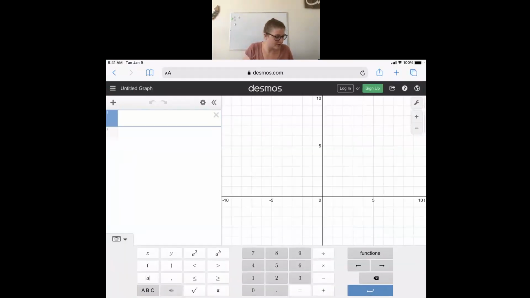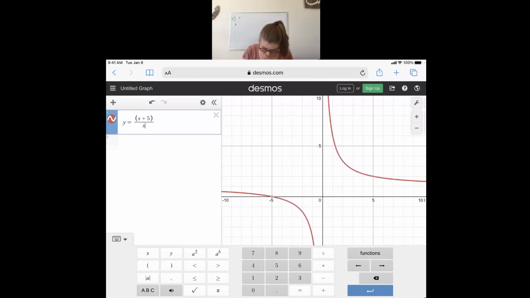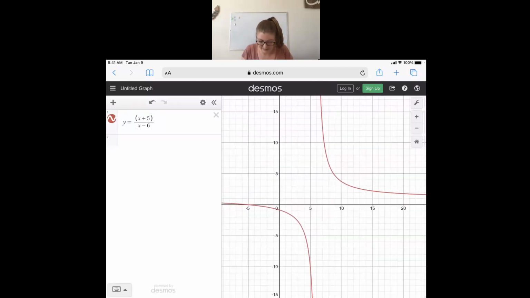So I am going to graph f, which is y equals x plus 5 divided by x minus 6. Here is what the graph looks like.